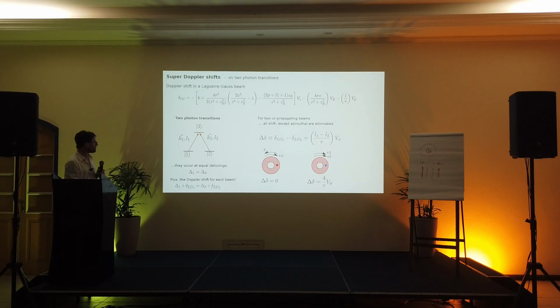But so what happens? If you take this Doppler shift for the Gaussian beam, and you look at the configuration, which we will concentrate on right now, and you shine two lasers like that, of very similar energy, and you look at what happens with the Doppler shift, all of these terms cancel, and the remaining Doppler shift is just the difference between the L of one of the beams and the L of the other beam, divided by R, times the azimuthal velocity.